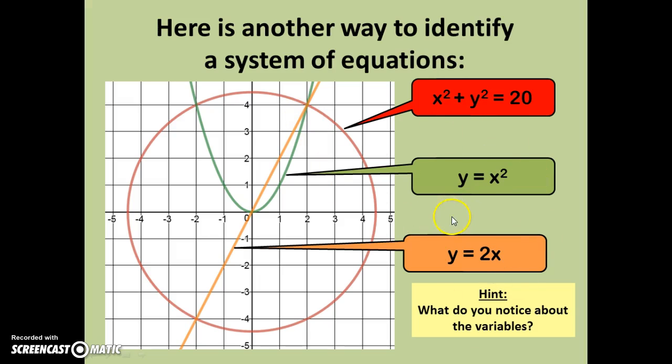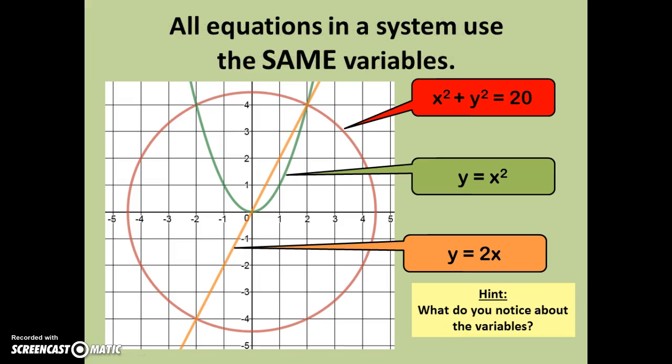They all have something in common. And this is a little hint down here. What do you notice about the variables? Well, what they have in common is that all the equations in the system use the same variables. If we look here, we've got x y, x y, x y. So in each case, we're using the exact same variables. And that's the other thing that defines a system of equations.